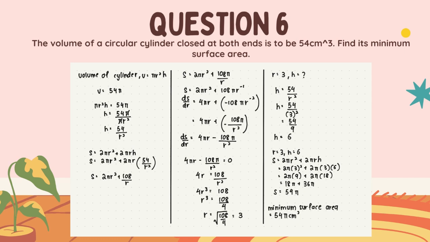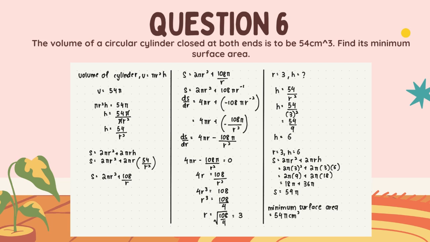Then the surface area S of a closed cylinder is given by 2πr² + 2πrh. The 2πr² is the area of the two circles, so that's why we put 2 in front of πr². The 2πrh is the area of the open cylinder.